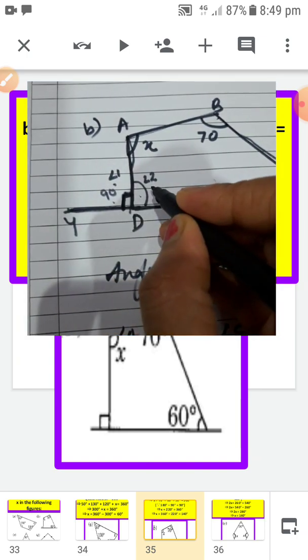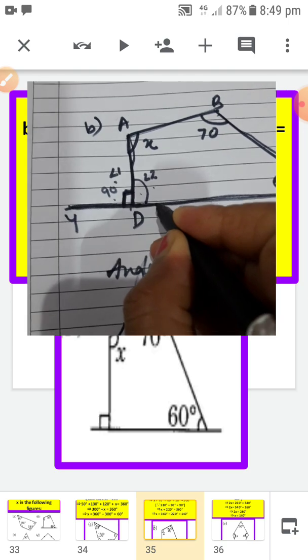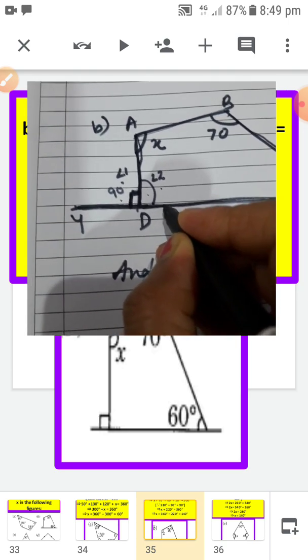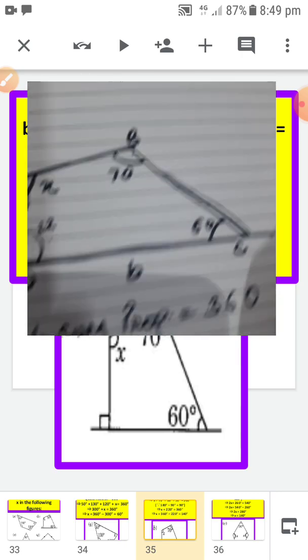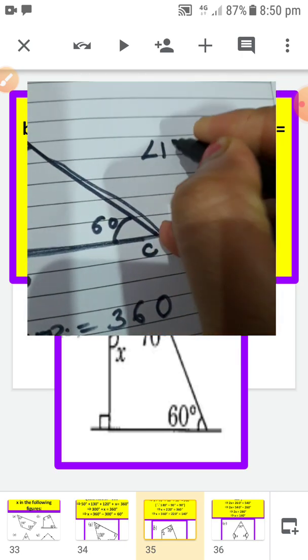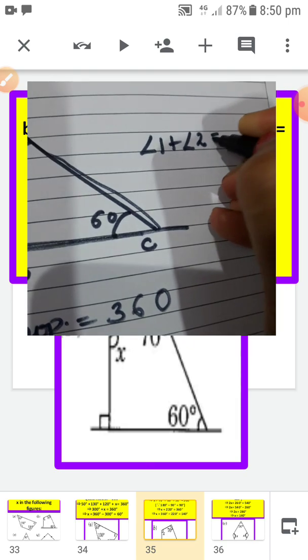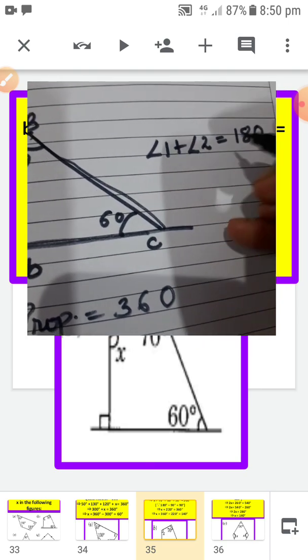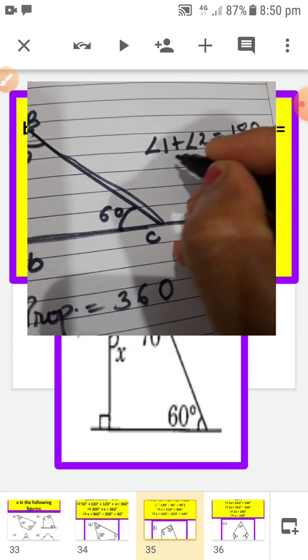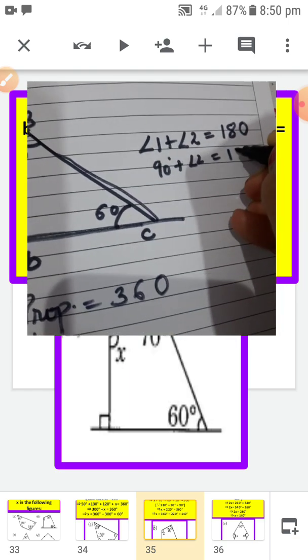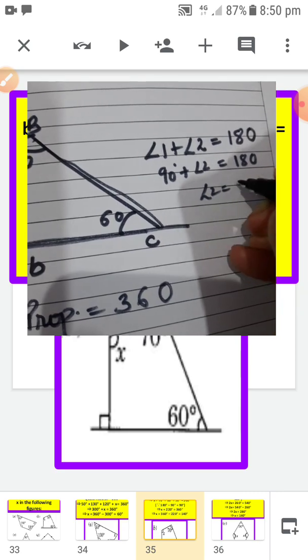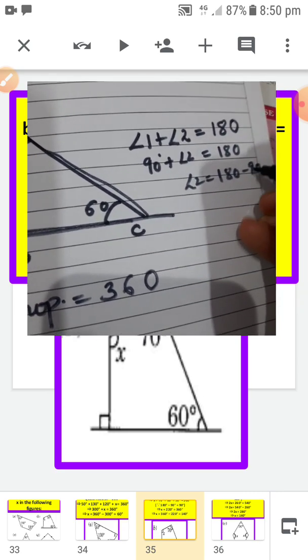When angle 1 and angle 2 are lying on the same line, it means they are forming a linear pair. So angle 1 plus angle 2 equal to 180 because they are lying on a straight line. So angle 1 is 90 here. With the help of this you will get angle 2, that is equal to 90.